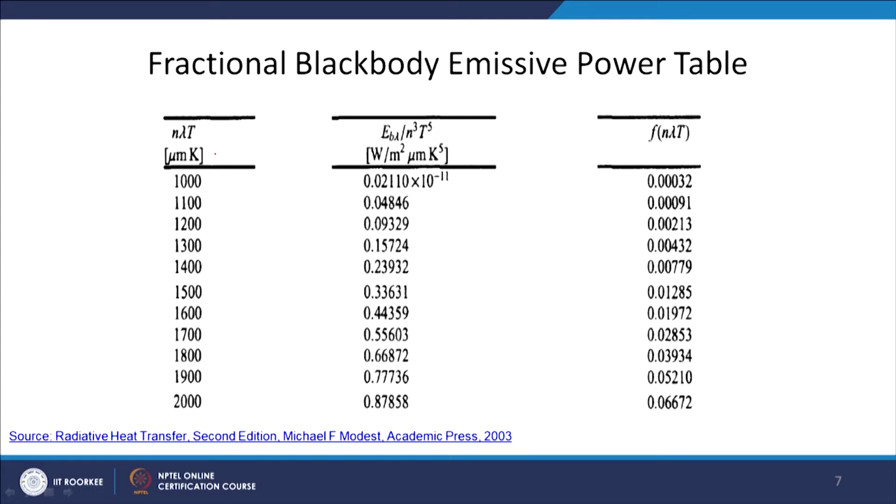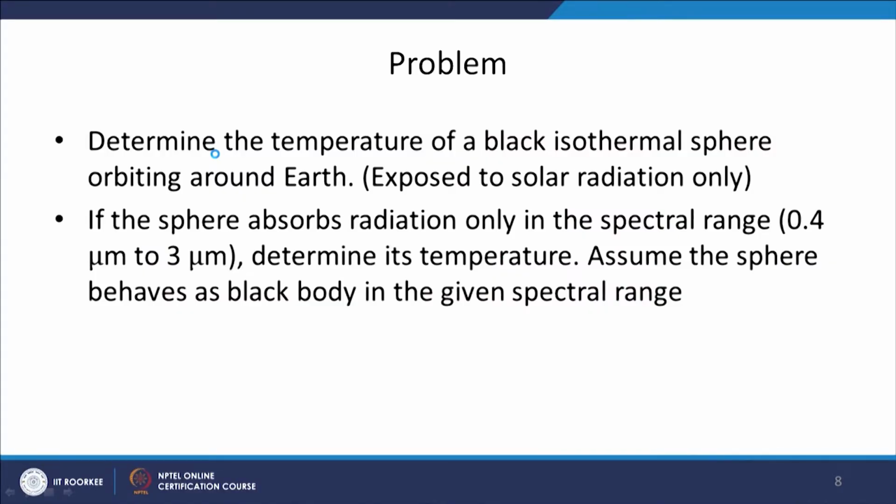The second column gives the spectral emissive power at that wavelength in parameterized form, and the third column gives the fractional black body emissive power. So, this is the emissive power between a given wavelength range 0 to lambda divided by total black body emissive power. We will use these tables to solve different problems.